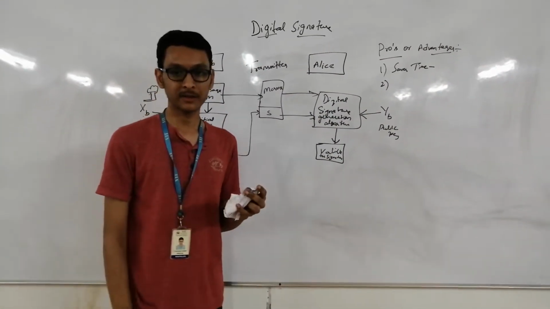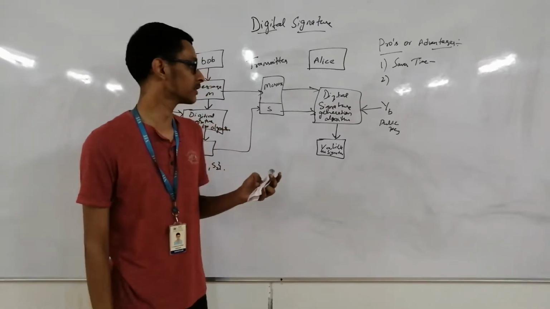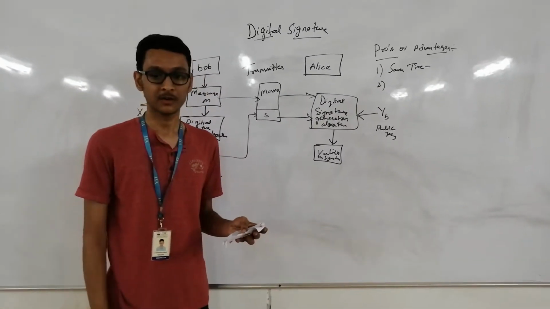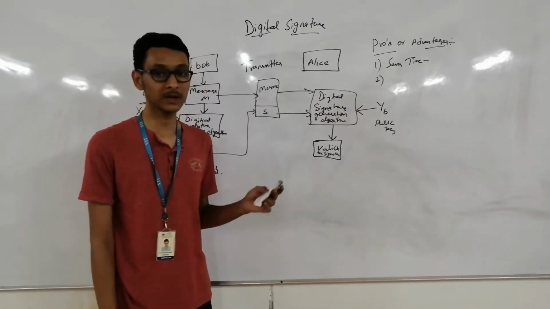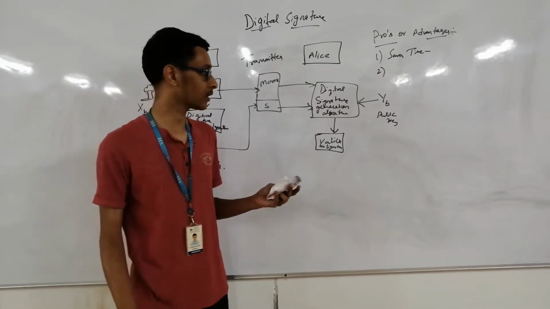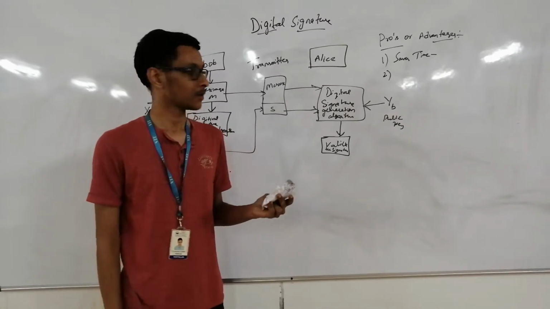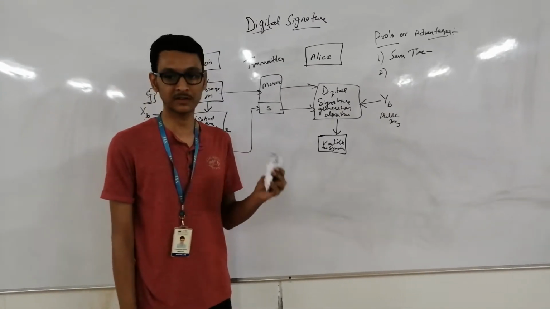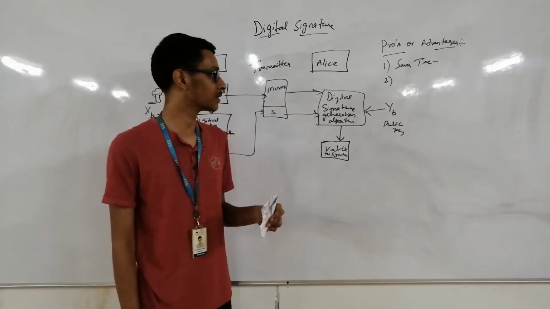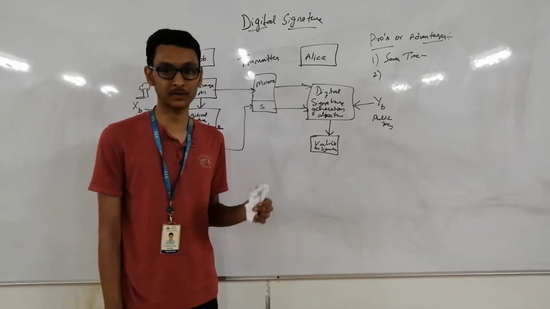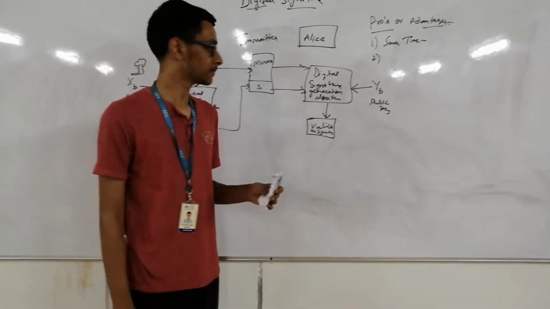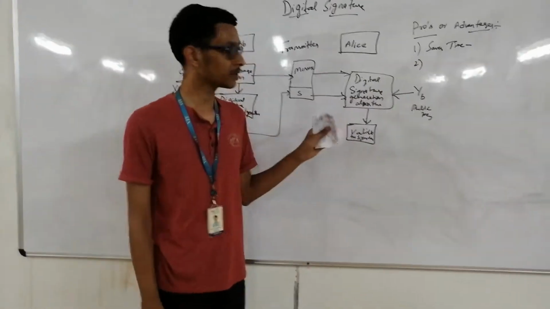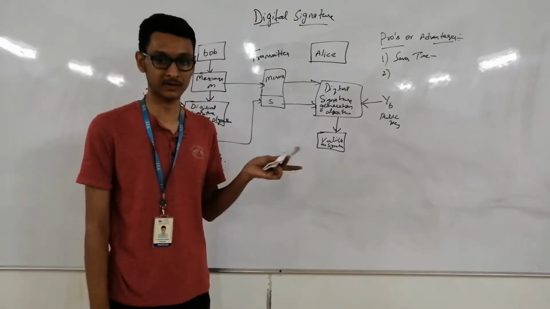Consider a person who is out of station and needs to send a signature. The signature would have to be sent either through courier or some person as a medium. But if the signature is digitalized, it will save a lot of time and there is no need for an intermediate medium like a courier. So that's the first advantage of digital signature.